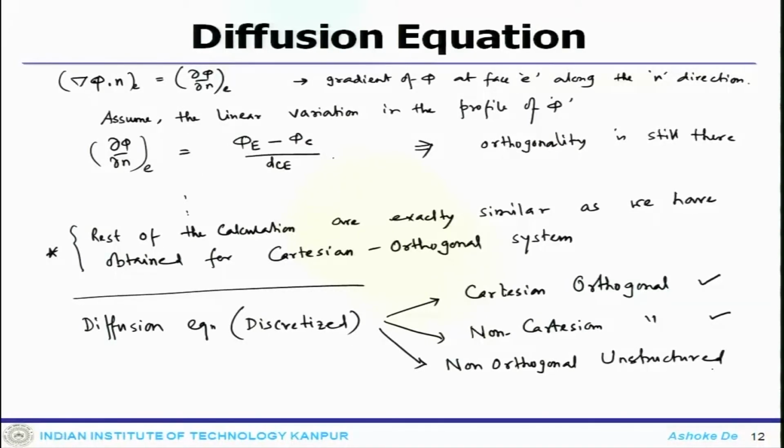Now, when we move to the non-orthogonal unstructured system, the things would be different. Why? Because in the Cartesian system, as long as they are orthogonal, they are easy to handle, because the elements or the cells are nicely ordered. As soon as we go to unstructured, as we have already seen looking at the finite volume mesh, they are not nicely ordered, they are rather randomly spaced.